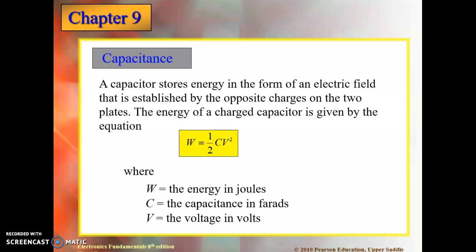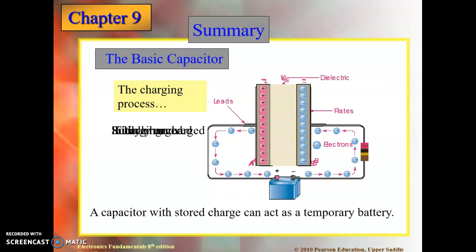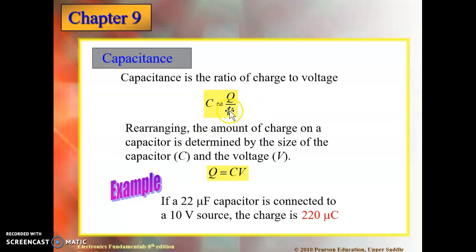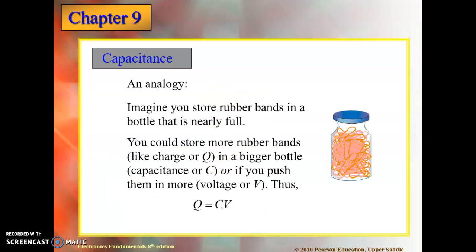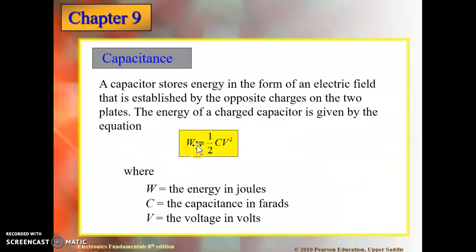If we go back to the previous formulas, solve for different components and plug them back in, we have different varieties depending on whether we have coulombs, voltage, or capacitance. So we have energy in joules, capacitance in farads, and voltage in volts. Farads times volts squared equals joules. It's important that here we are calculating energy, not power.